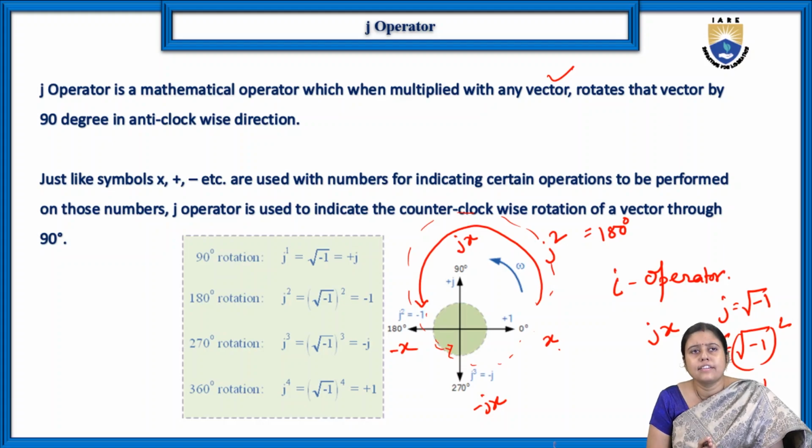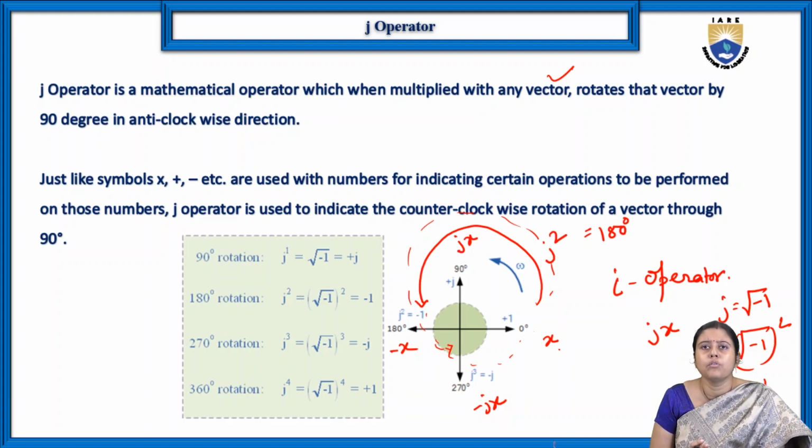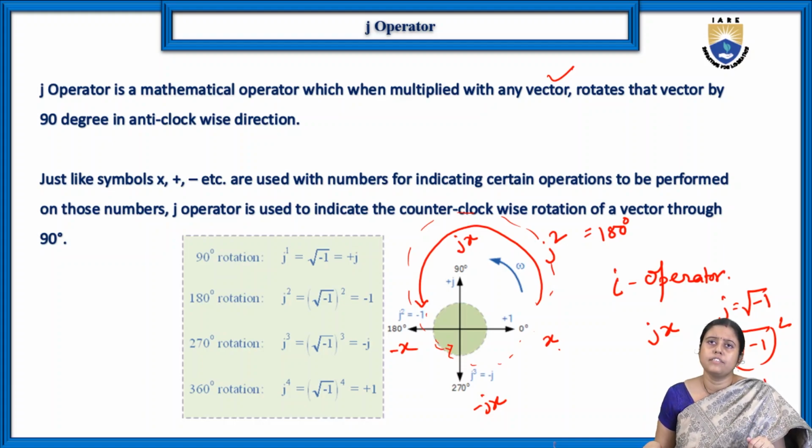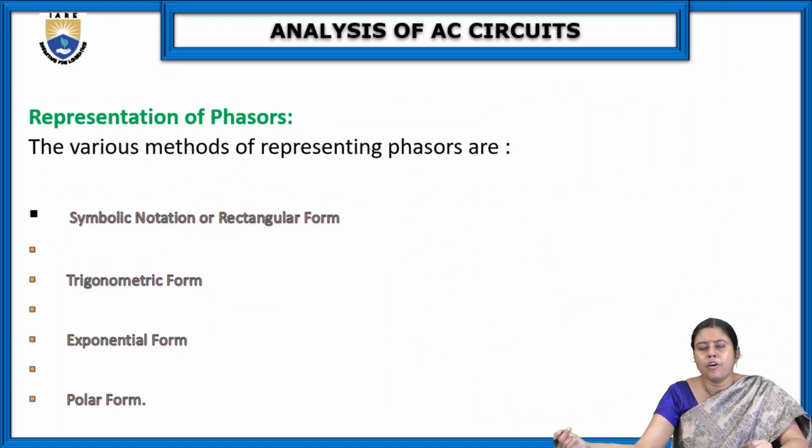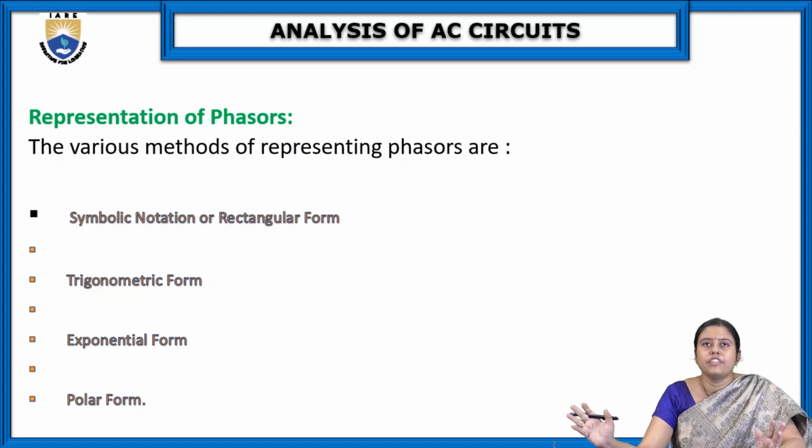Throughout electrical engineering, we use the J operator for telling about leading and lagging. Leading means plus 90 degrees; lagging depends on how many degrees it lags. Our main aim in this chapter is AC circuits. Details we will discuss in the next class, but today we will discuss the representation of phasors.